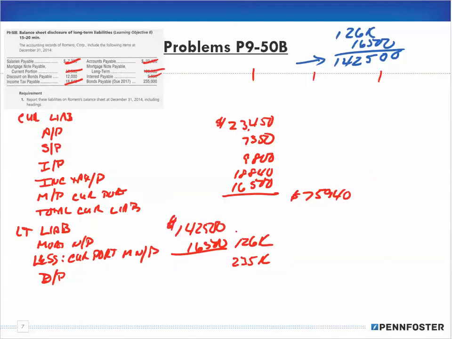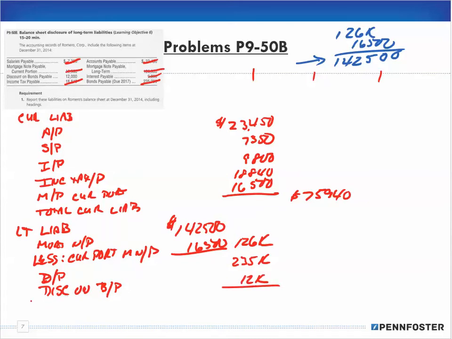By the way, the $ sign here, first number in the column. Then we have the discount on the bond payable, right? So I have my discount on the bond payable, and that discount amount is $12,000.